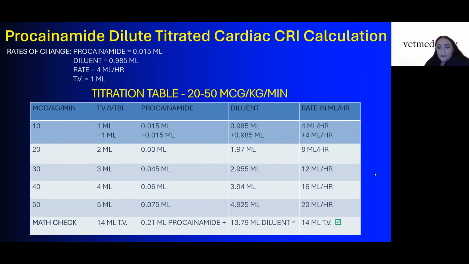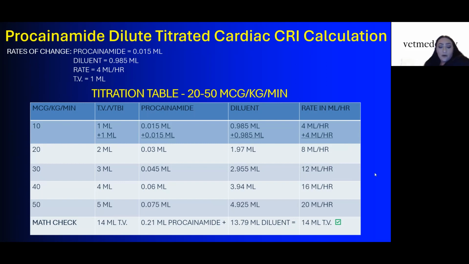You get the same things when it comes to the diluent at 0.985 mils volume. 1.97 plus 0.985 gives you 2.955 plus 0.985 again gives you 3.94 and so on. For the mils per hour, it's going up in increments of 4. That's pretty easy to figure out.